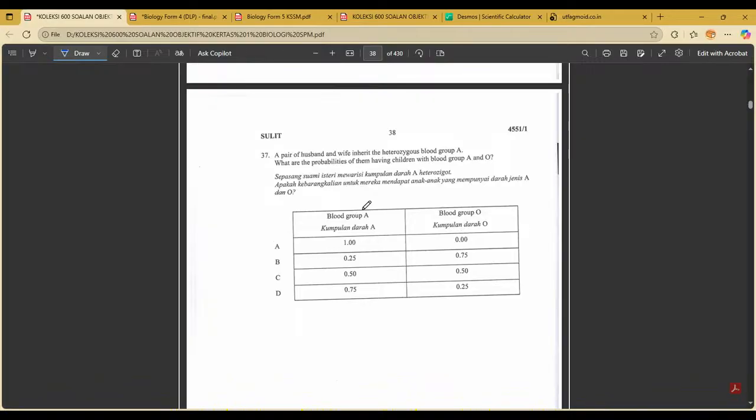A husband and wife are both heterozygous for blood group A. What's the probability of them having children with blood group A and O? So it's AO, AO. Let's just say capital A, lowercase a for convenience.